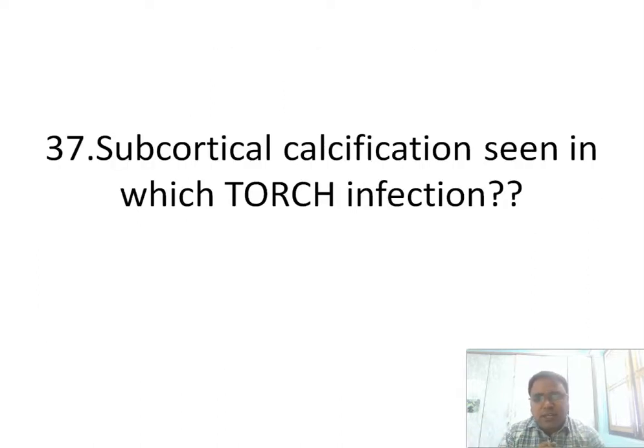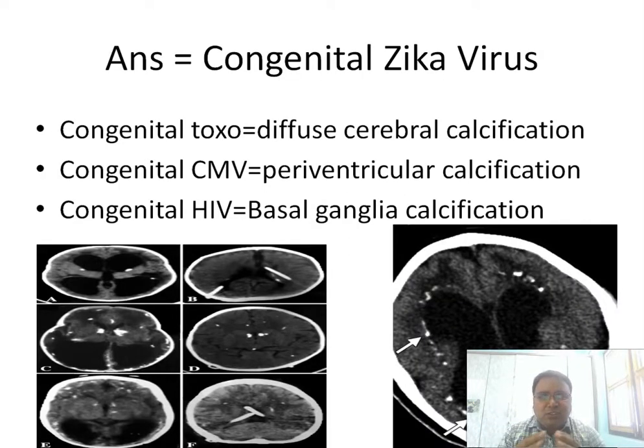Next, subcortical calcification is seen in which TORCH infection? This is one important question. The answer is congenital Zika virus. We know about congenital toxo, CMV, all these, but congenital Zika virus infection can cause subcortical calcification. Congenital toxo can cause diffuse cerebral calcification, as seen in the first slide.